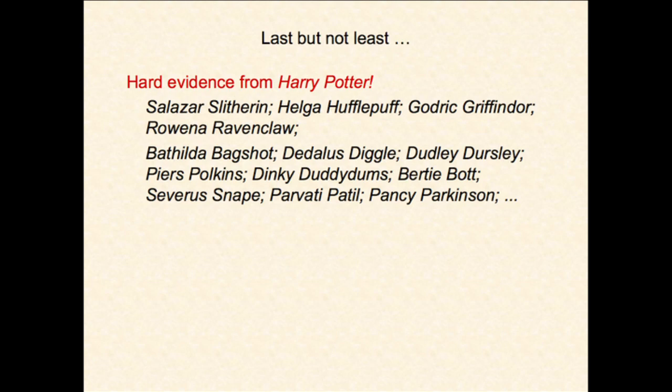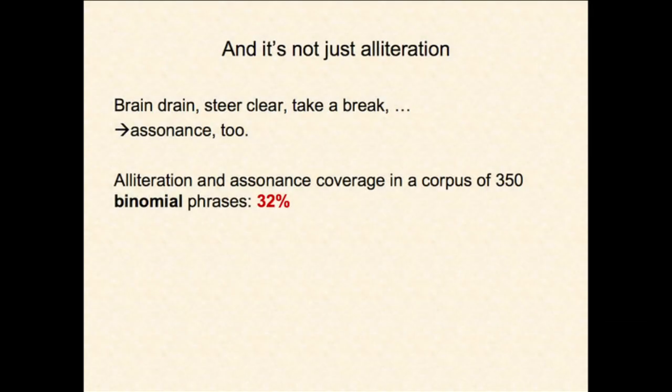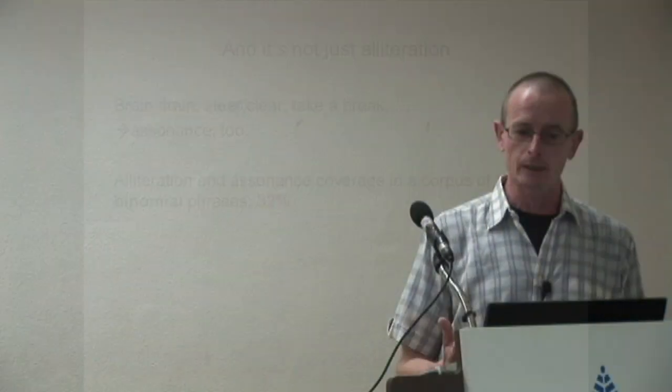And then if you look at other kinds of phonological repetition, you can also look at assonance. And I use assonance to refer to rhyme as well as near rhyme. Okay. And then we find that this phonological repetition thing is especially common in short phrases, like binomial phrases, A and B form of phrases.